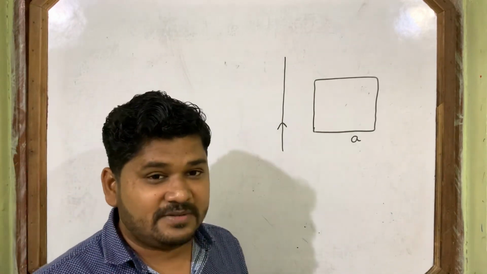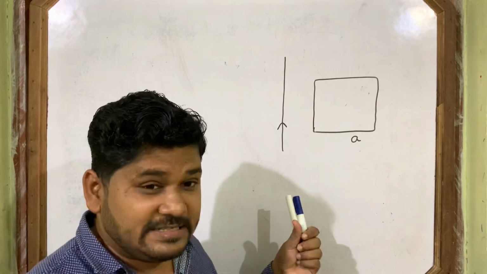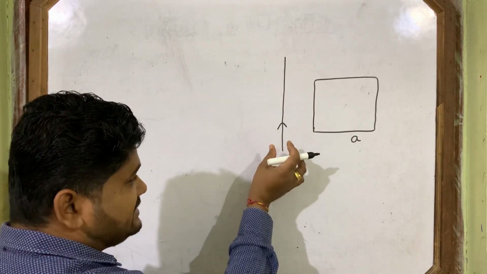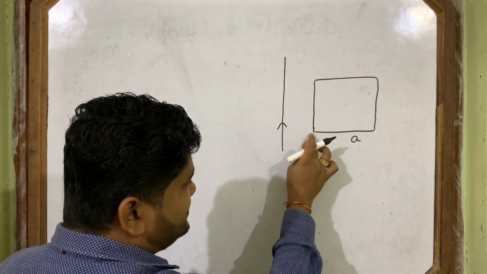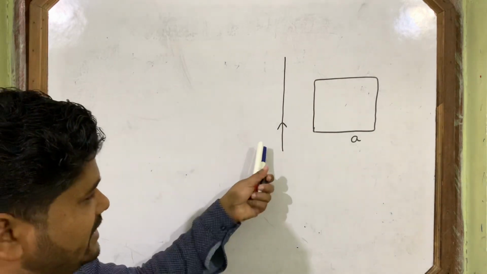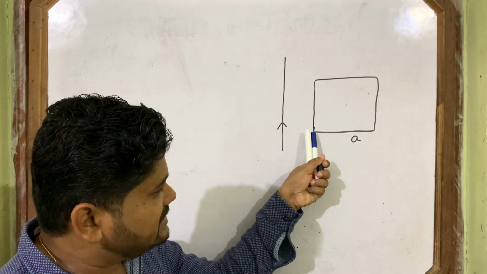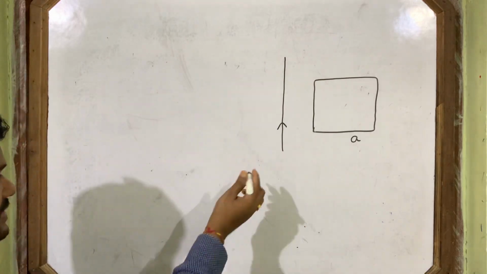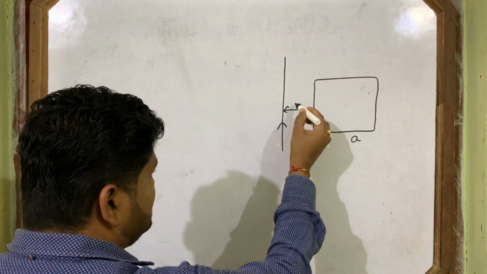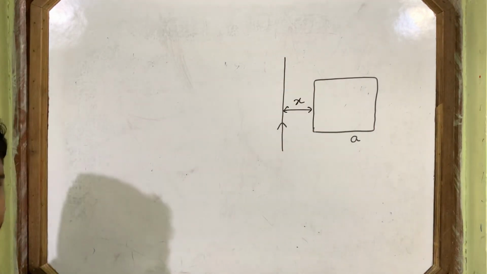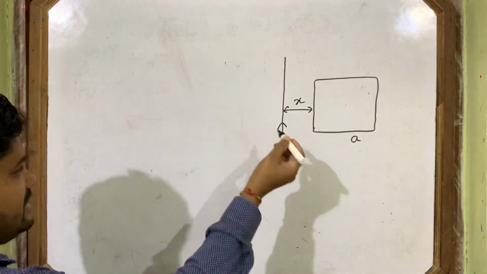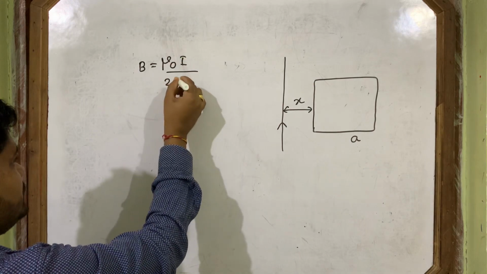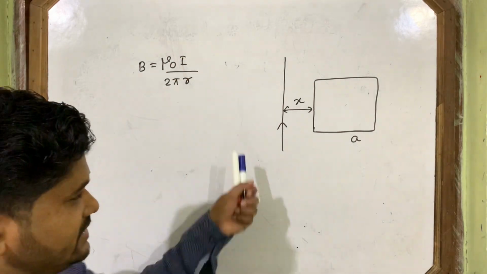It now involves integration, which is a little difficult. Why? Because the magnetic field gradually decreases as you move from this point to this point. In the book, this distance is x. The magnetic field formula is mu naught I by 2 pi r, where r is any point.